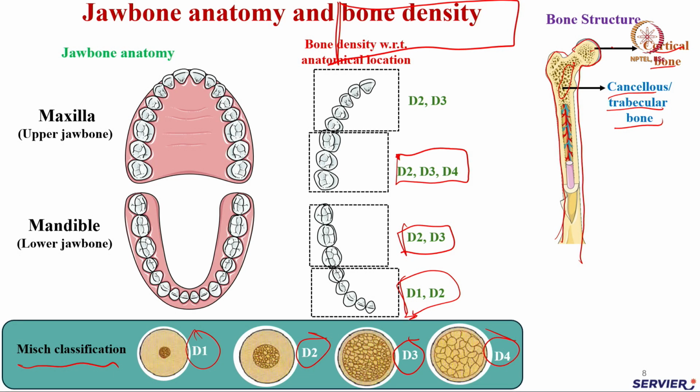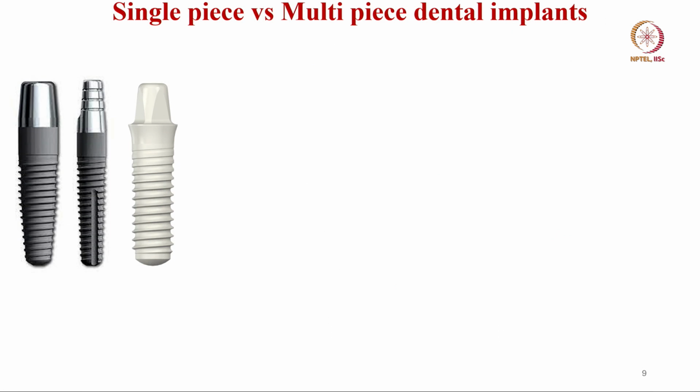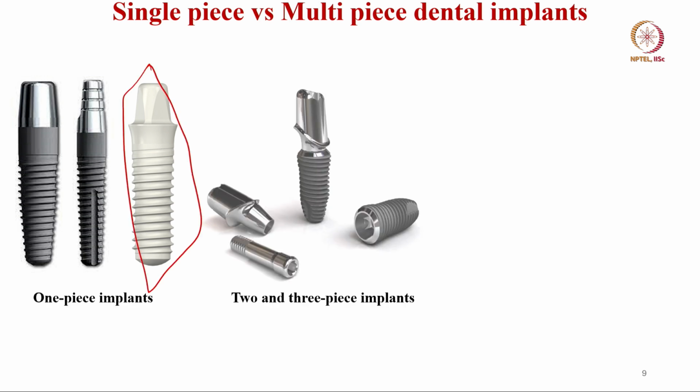Here again, this particular sketch and schematic was used, we have used Servier. So, dental implants, we can have single piece implants like this, and we can have one piece implants like this, like it can be a ceramic implant or metallic implant.